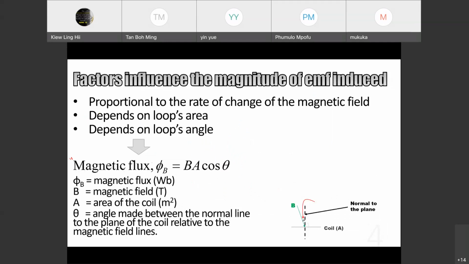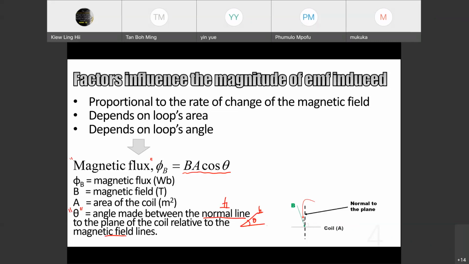Magnetic flux is given by BA cos theta, with B the magnetic field, A the area of the coil, and theta, which is different from the theta in your previous topic, the angle between the normal line and the magnetic field. In short, you can draw like this. This is the normal line and this is the magnetic field.